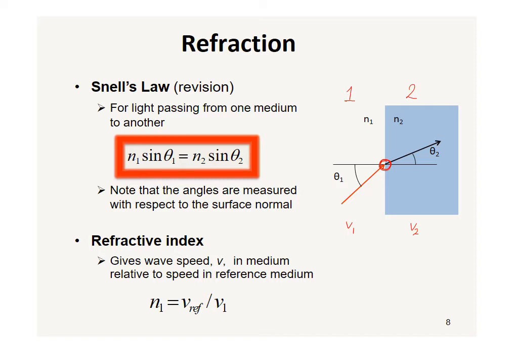So what has speed got to do with refractive index? Well, refractive index is simply a way of talking about the speed. It's just a way of giving it a name or a parameter. The refractive index is given as a ratio between some kind of reference speed and the speed in the medium.